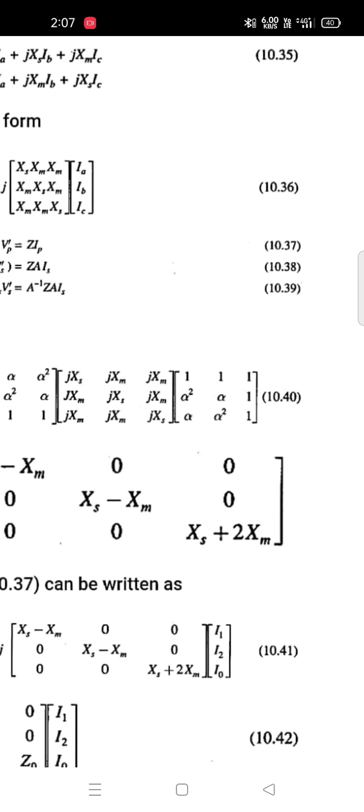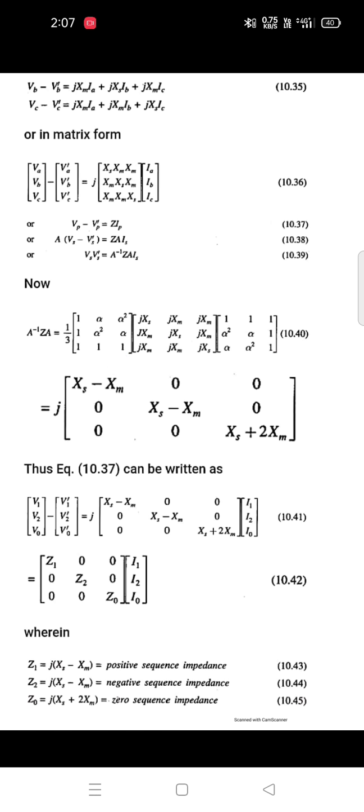By multiplying and simplifying these three matrices, we find the result as j into XS minus XM in the first two diagonal positions, the rest of the values are 0, and the last diagonal value is XS plus 2XM. Putting these values in the above equation, we get Vs as a matrix of sequence impedance.